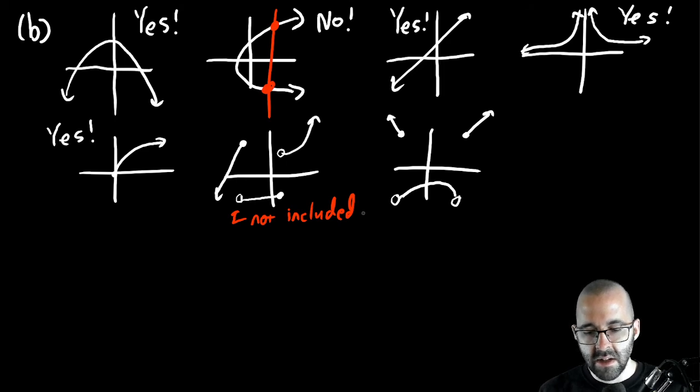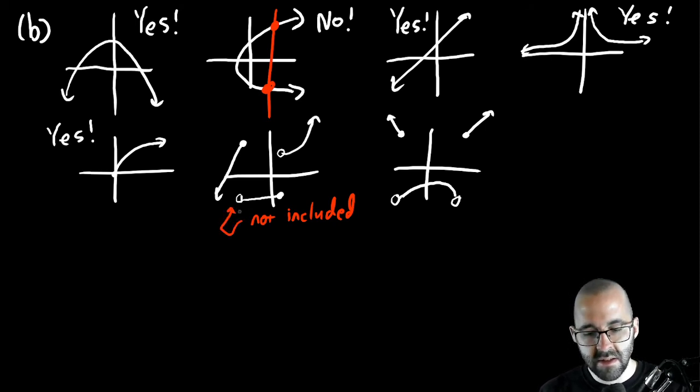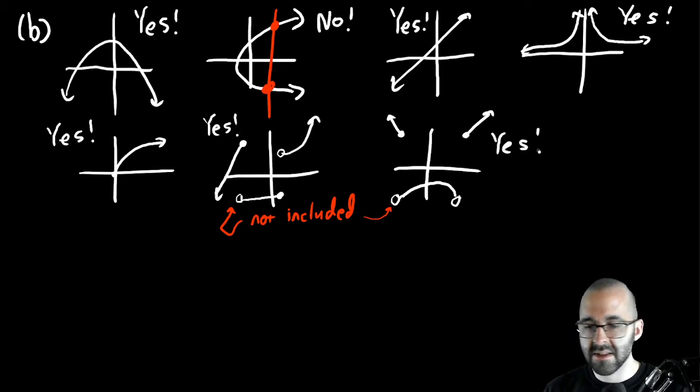Okay. Because that open circle, that's supposed to be an arrow. Because that open circle is not included, it actually does pass the vertical line test. All right. So these last two are indeed functions as well. All right, so all of these actually, except for the second one, are functions.